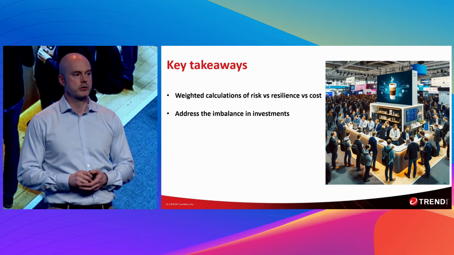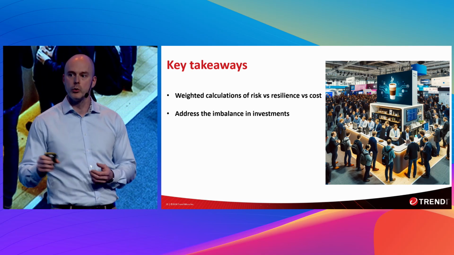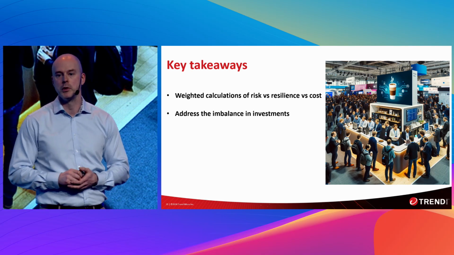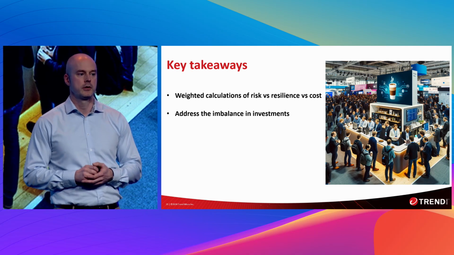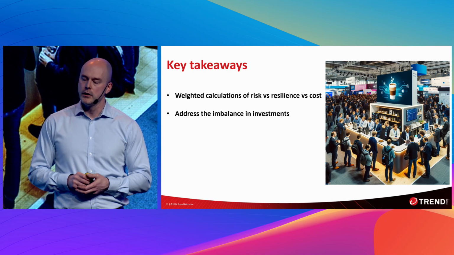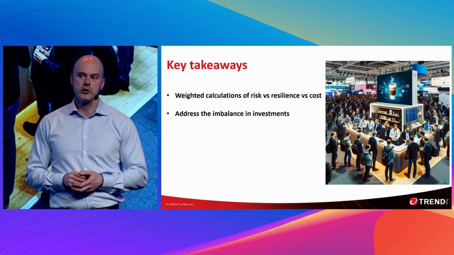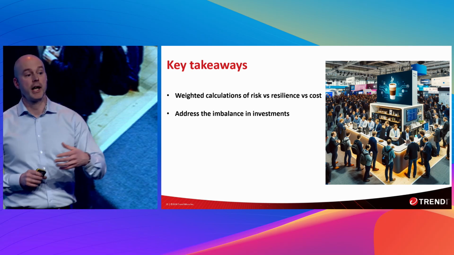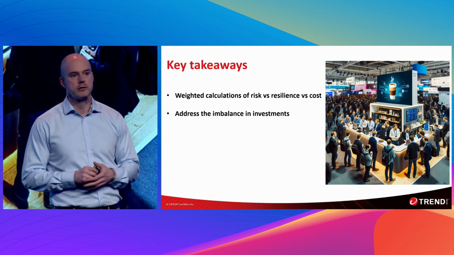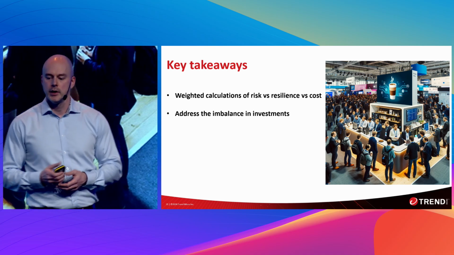Bring it up to the business owners. They need to be aware of this. They need to be in the room. You need to be in the room discussing this with them. And you would be surprised by the attention you get when you frame this as a business risk instead of something IT related that they don't care about.